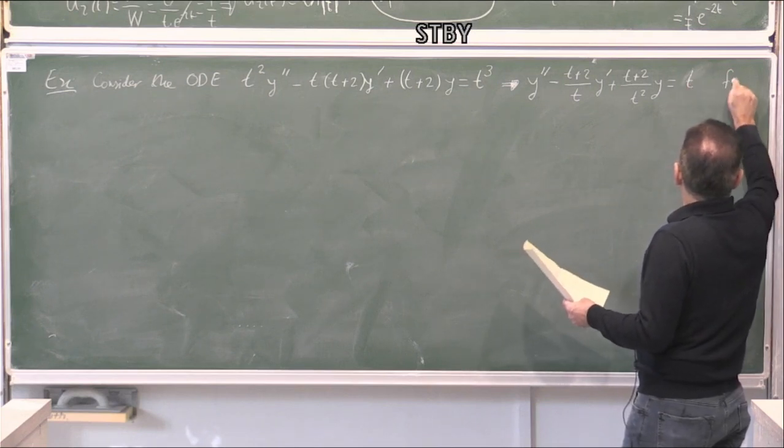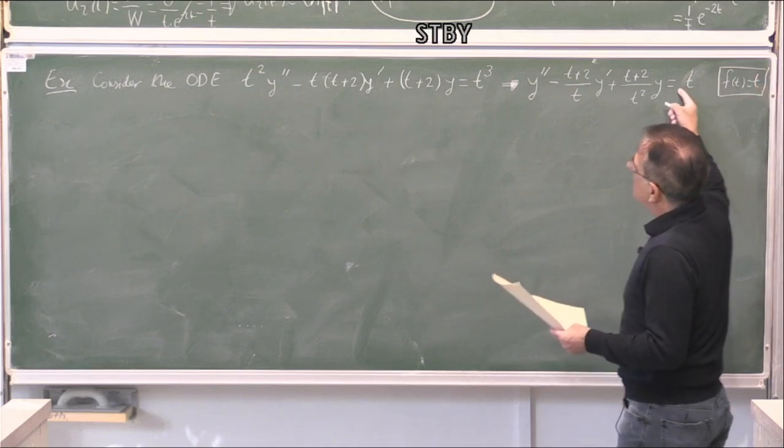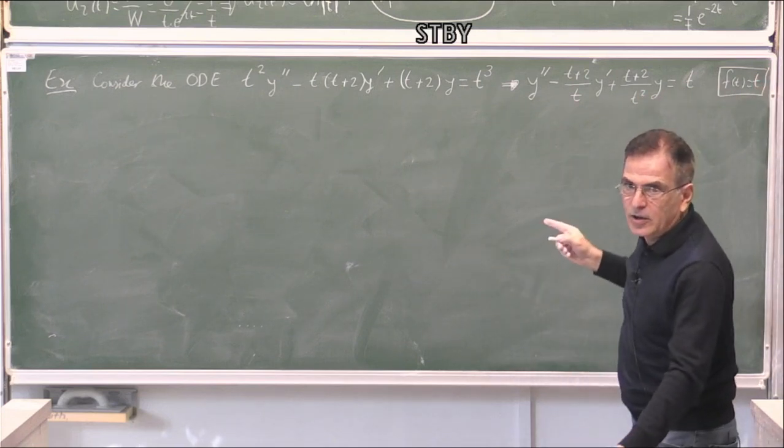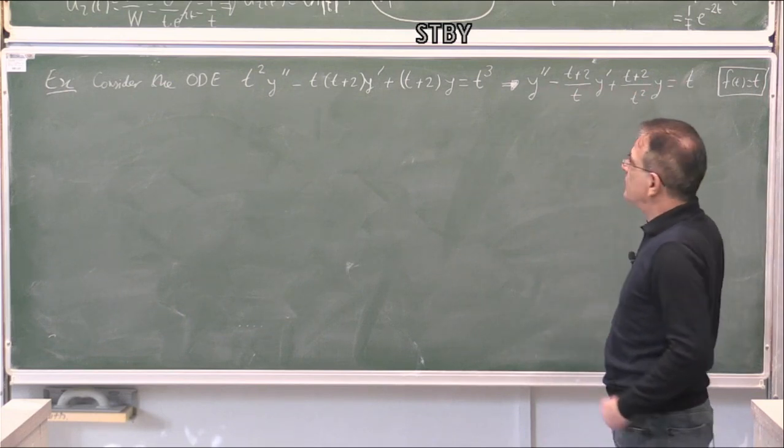So please be careful, f of t must be taken as t. Good? The right-hand side corresponding to the reduced form of the equation.